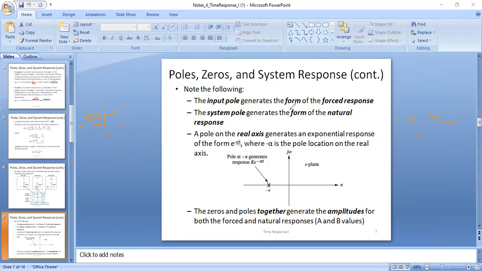So your final response is made up of the sum of two things: natural response plus forced response. How do you get natural? You get natural from system poles. And how do you get forced? You get it from input pole.